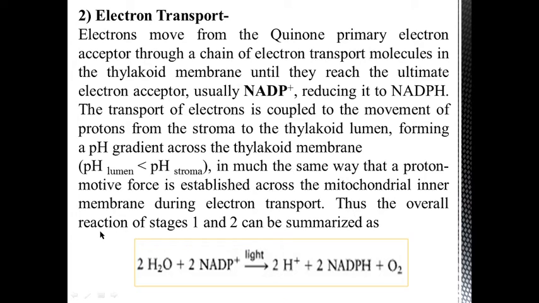Thus, the overall reaction of stages first and second can be summarized as: 2 water molecules plus 2 NADP, with some amount of light, gives 2 protons and the reduction to 2 NADPH2, and releases or evolves some amount of oxygen.